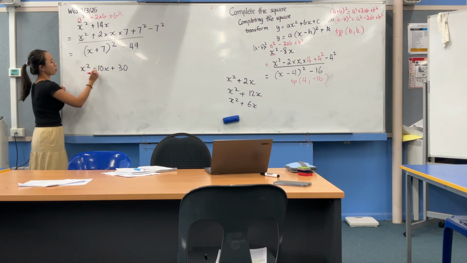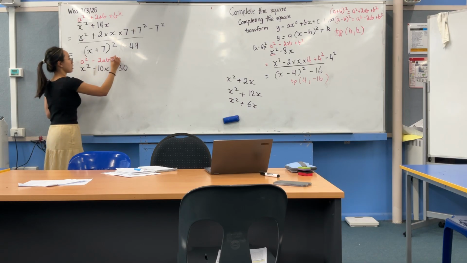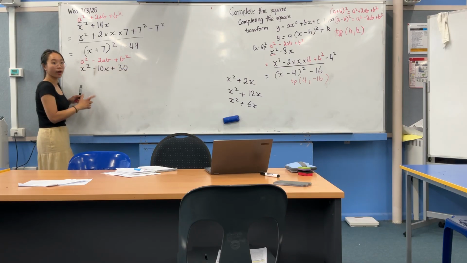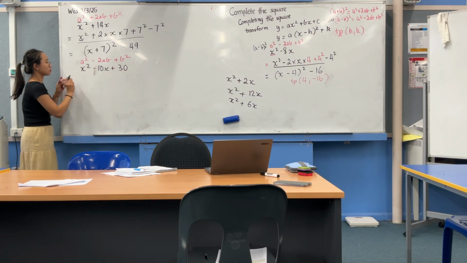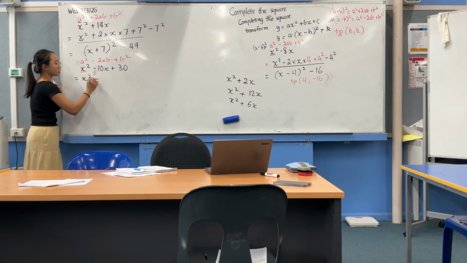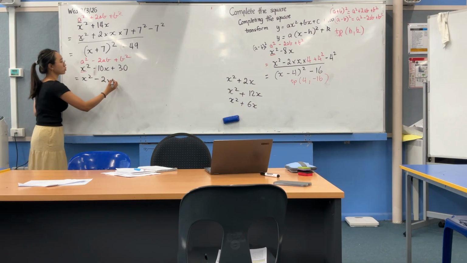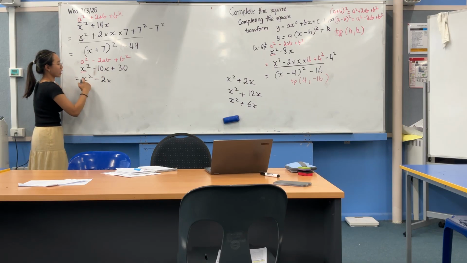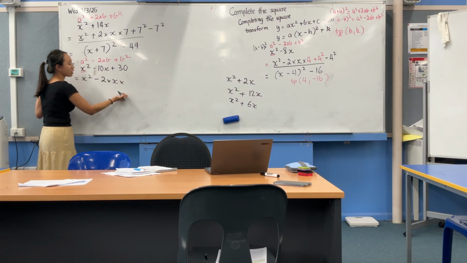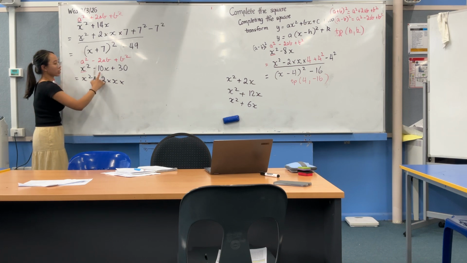So first things first, we know this is going to be a squared minus 2ab plus b squared. So a is your x. I'm going to rewrite it as x squared minus, following the perfect square rule, 2 times a, which is x, times the number that multiplies with 2 to get 10.